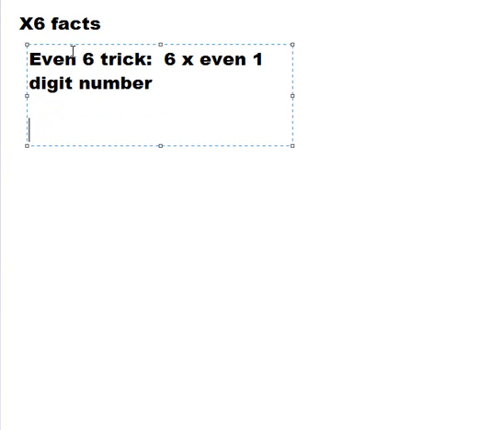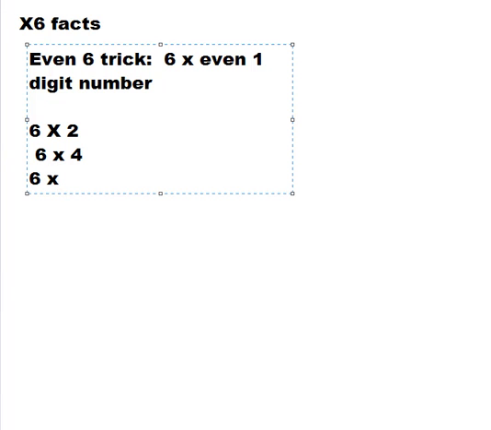For example, 6 times 2, 6 times 4, 6 times 6, 6 times 8. Those are all of our even 6 tricks, which is nice because it gives us about half of our 6 facts.